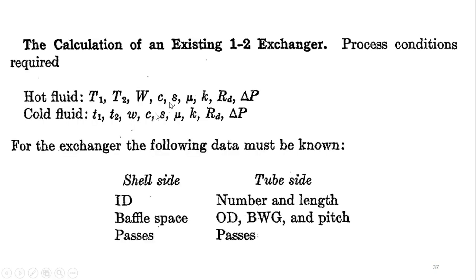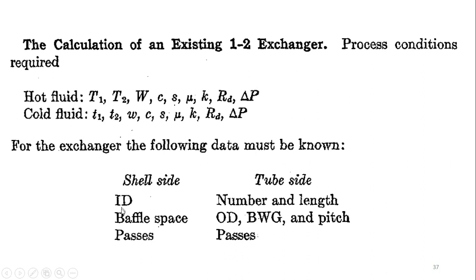Let me go through the calculation of an existing shell and tube heat exchanger. Process conditions are required. The hot fluid is represented by capital T1 and T2, with mass flow rate, specific heat, specific gravity, viscosity, thermal conductivity, dirt factor, as well as the pressure drop. Similarly for the cold fluid.